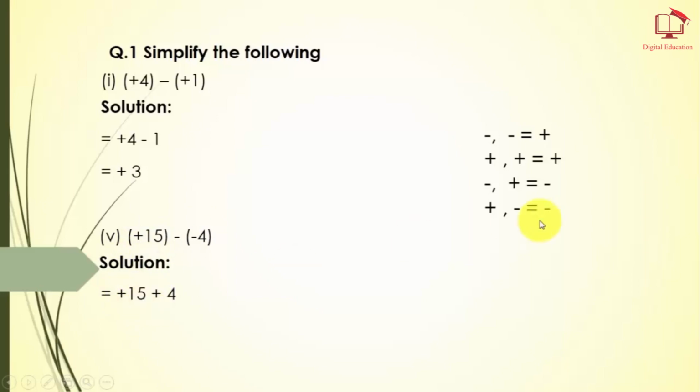Now plus and plus, we have plus, and positive 15 and positive 4 we have 19. And students, guess which one is greater? Yes, 15 is greater and it has a positive sign, that is why we write positive.